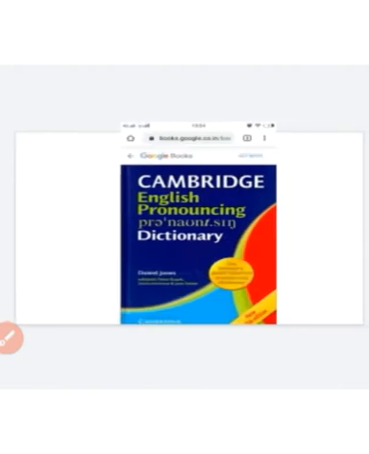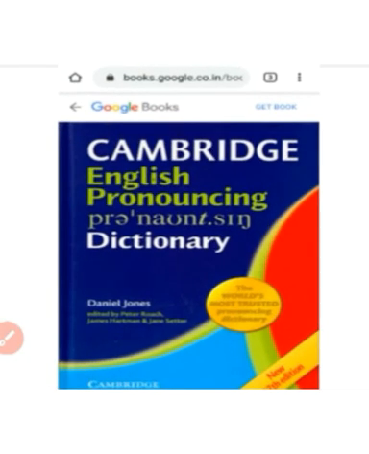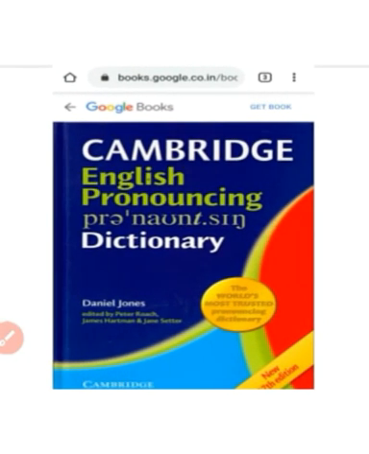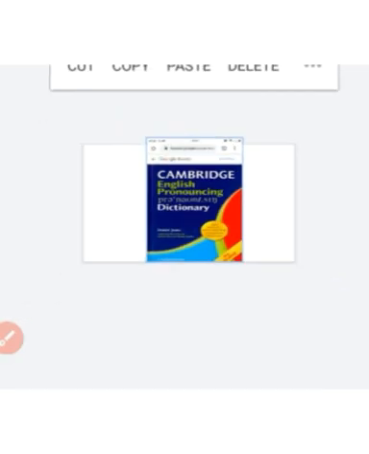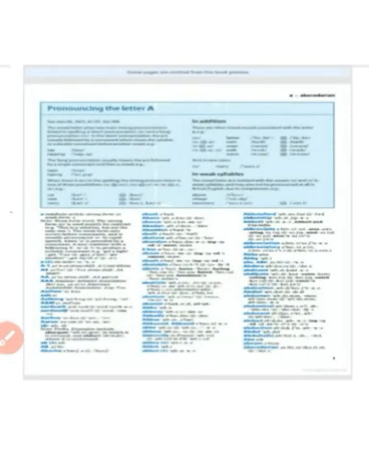Then the next one is the pronunciation dictionary. This is an example of a pronunciation dictionary: the Cambridge English Pronouncing Dictionary. Daniel Jones is a very popular writer in the field of pronunciation. This is a very famous book. Inside the pronunciation dictionary, a word is given.